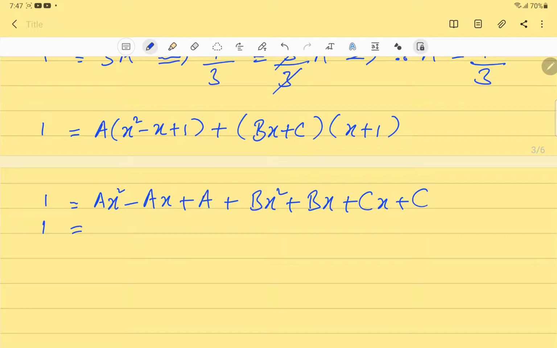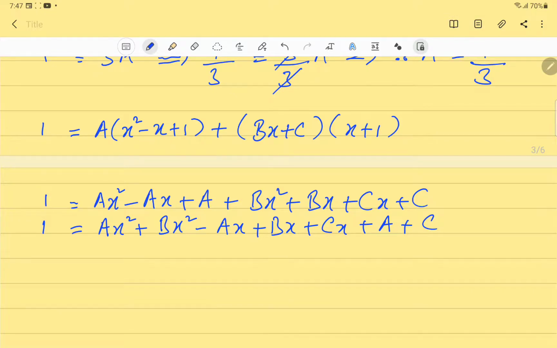Now we will gather different terms of the same degree of x. So it will be Ax squared plus Bx squared minus Ax plus Bx plus Cx plus A plus C. Here we can write 0x squared plus 0x plus 1.